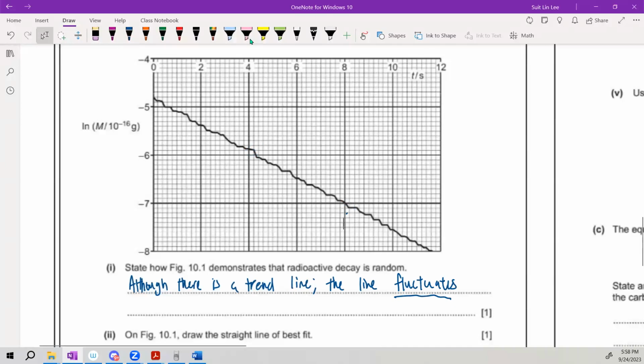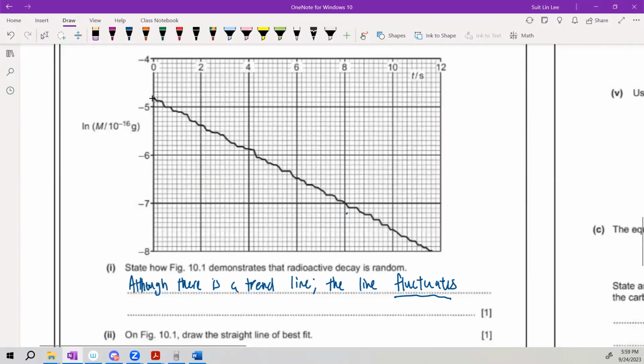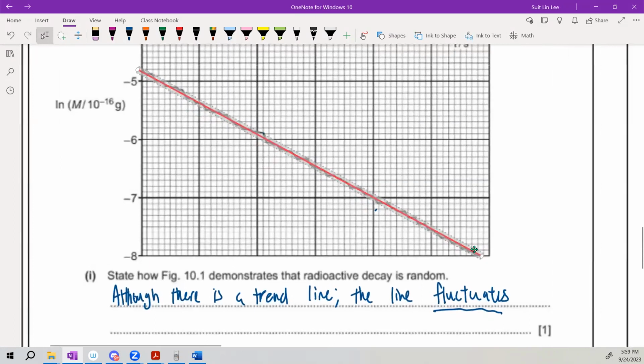So next you're asked to draw a line of best fit. Okay, so I'm going to try my best. But the idea of line of best fit is you want the line to pass through evenly across and balance all the fluctuation, something like this. It's a bit hard to draw without a ruler on the paper.